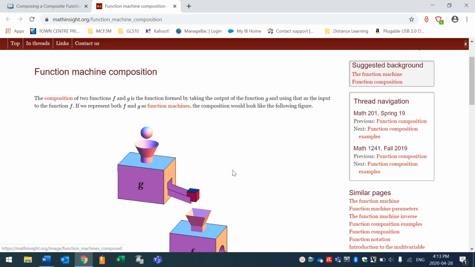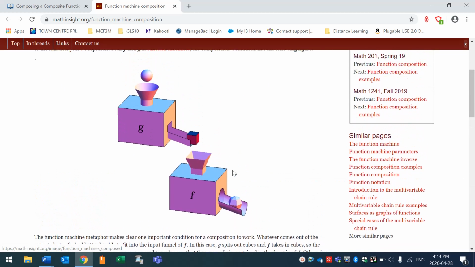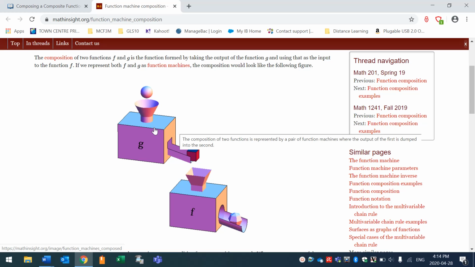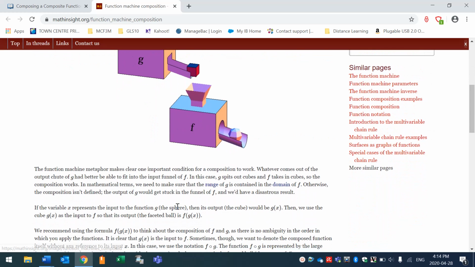If we represent both f and g as function machines, the composition would look like the following figure. So let me just emphasize that if the function machine g comes first, that means we're looking at f of g of x, because we have to always go from the inside out.